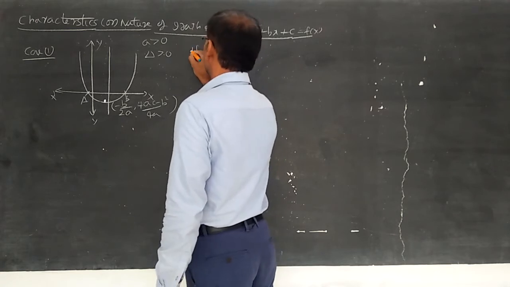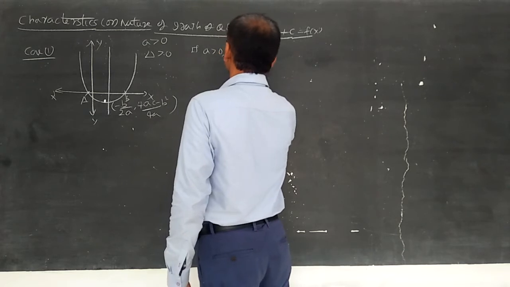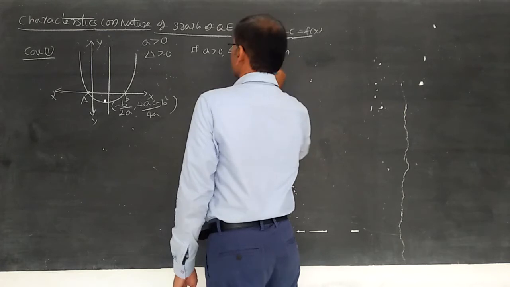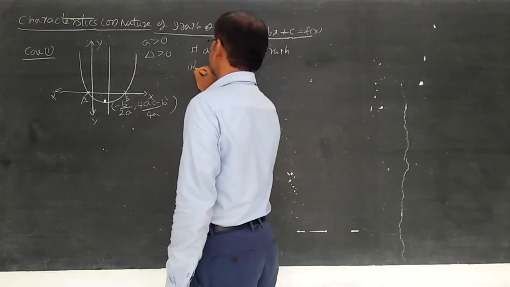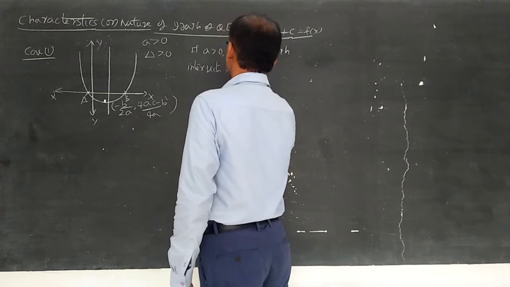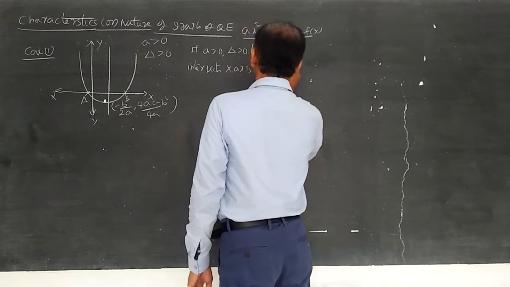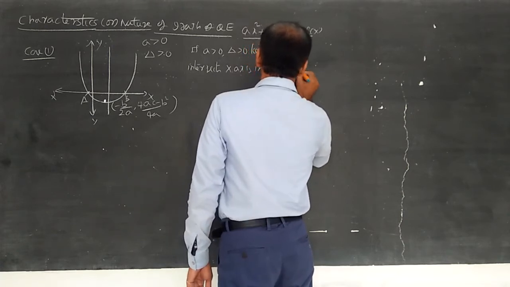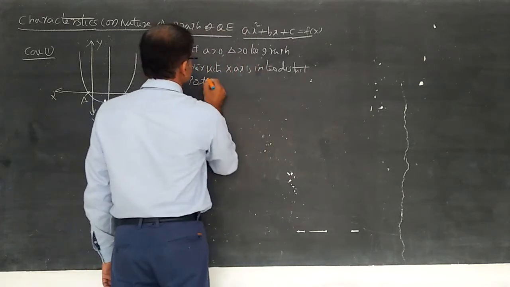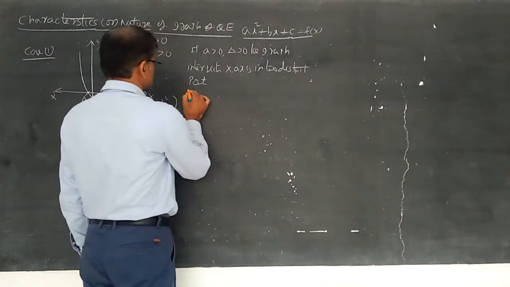So here you can write the characteristic. If a greater than 0, comma, delta greater than 0, the graph intersects the x-axis in two distinct points.